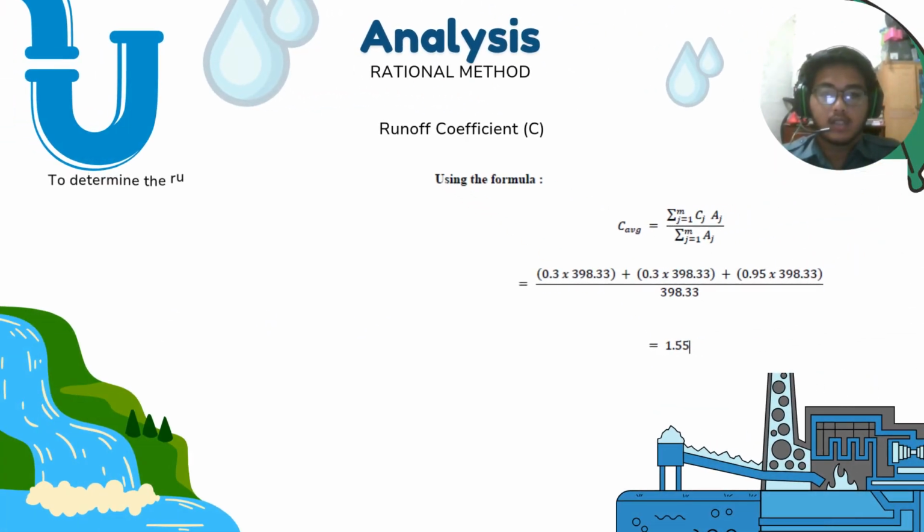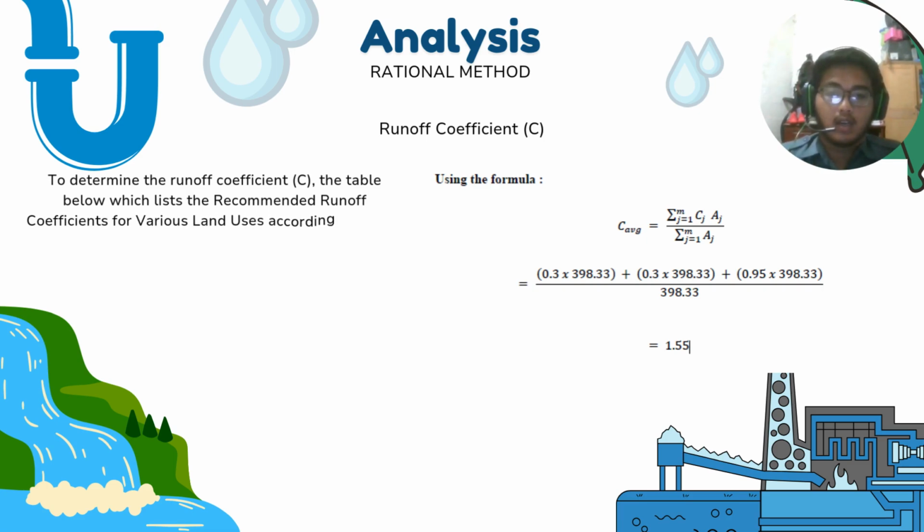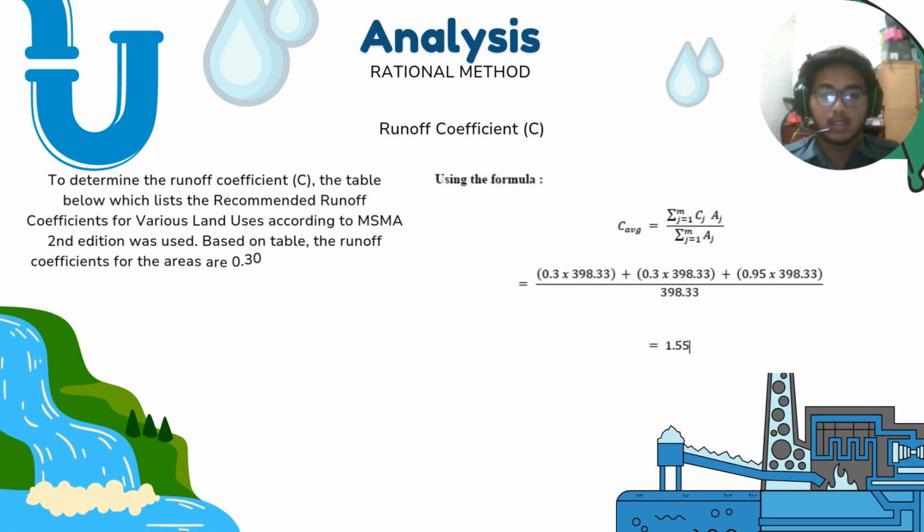The next one is the rational method. For the rational method, we must find the runoff coefficient C. The function of C is to determine the runoff coefficient according to MASMA second edition.